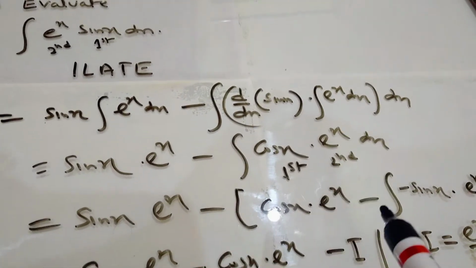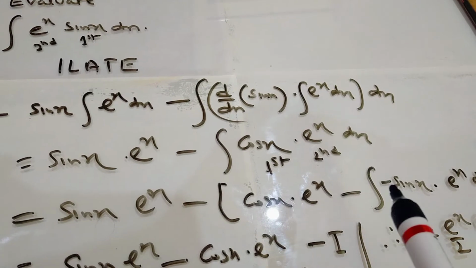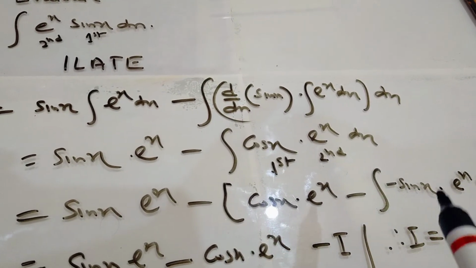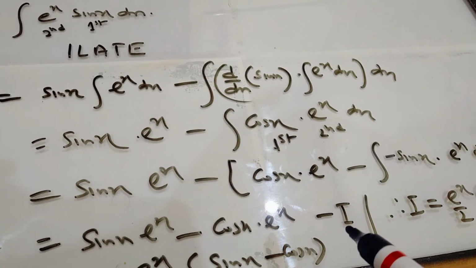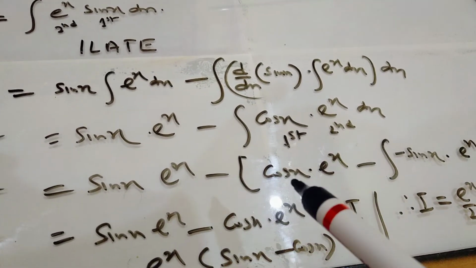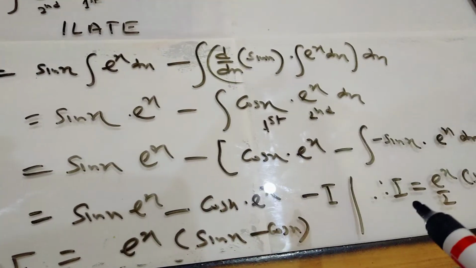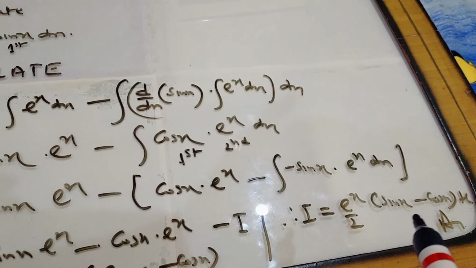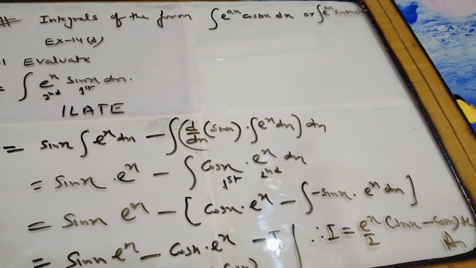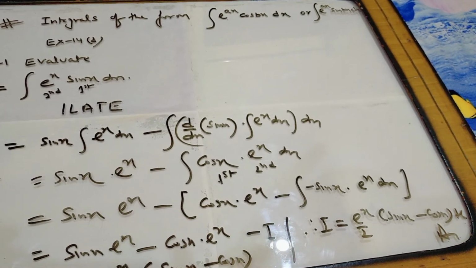After applying it, this cos has become sine again, and ultimately minus minus plus, then again it becomes minus. So the I I assumed, here I can write minus I. This portion is simplified earlier. I and I have become 2I. So the value of I is your answer, that is e raised to the power x upon 2 times sin x minus cos x plus c. So this technique is called the integral in the form of e raised to the power ax into cos x dx form.